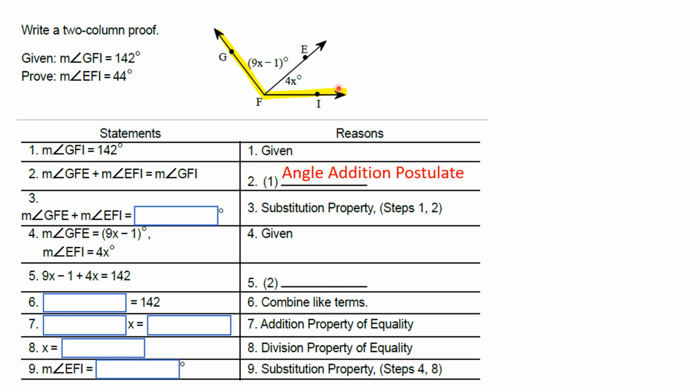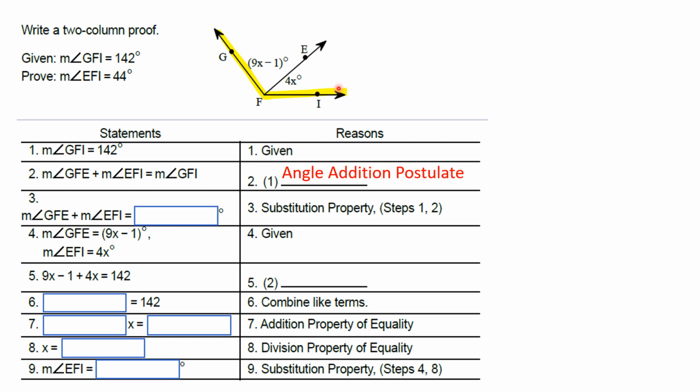All right, now, line 2 to line 3. Take a second, maybe pause the video, and see if you can figure out what happened. It says we're supposed to use the substitution property. It went from the measure of angle GFE plus the measure of angle EFI equals the measure of angle GFI.